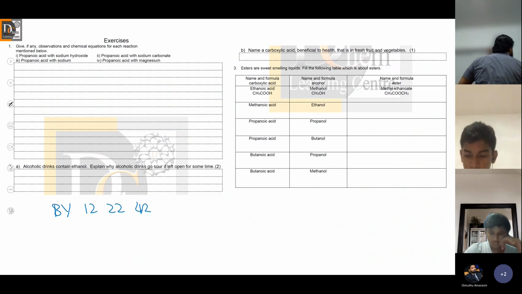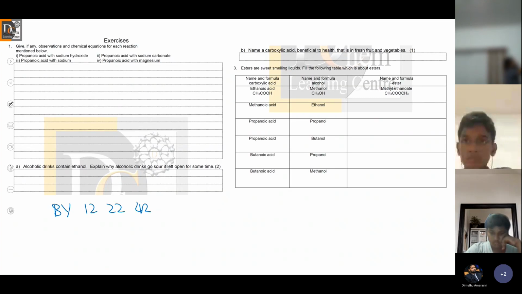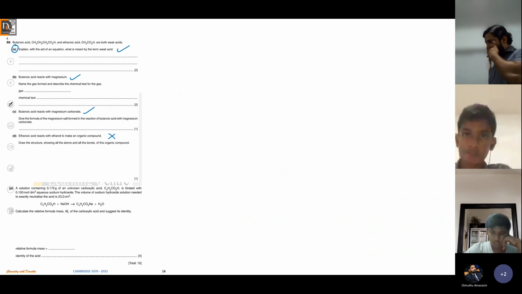If you are done with those 2 questions, what you can do is go for question number 4 and answer until C. You answer A, B, C. Do C, but don't do D onwards. These are past paper questions.